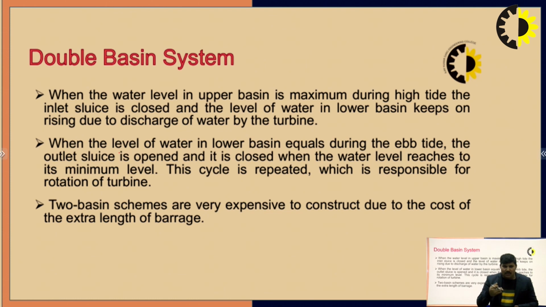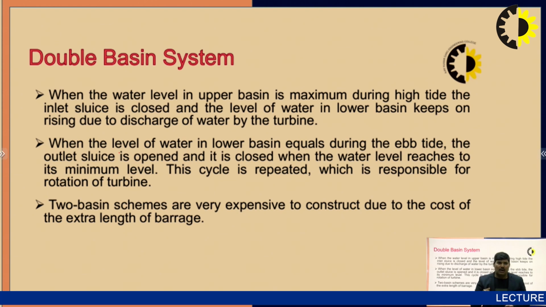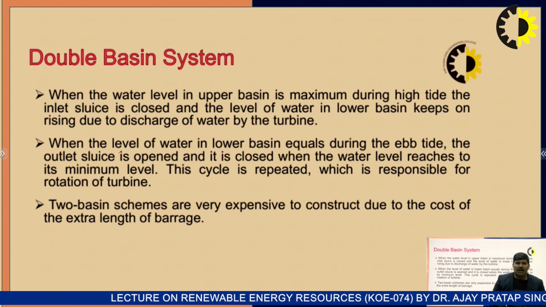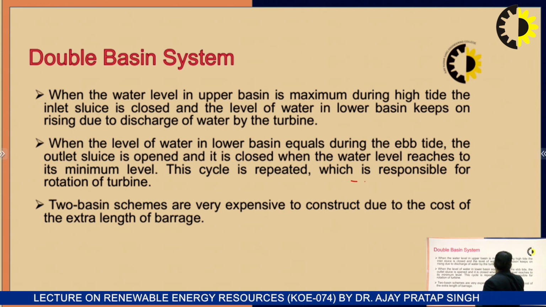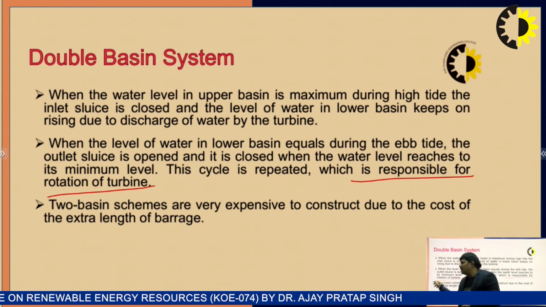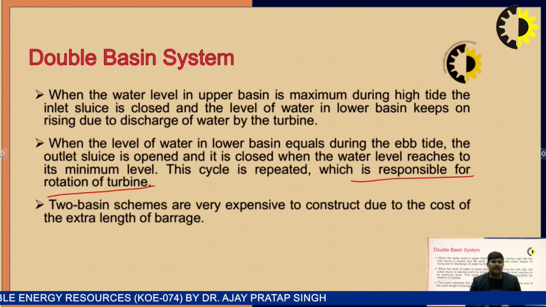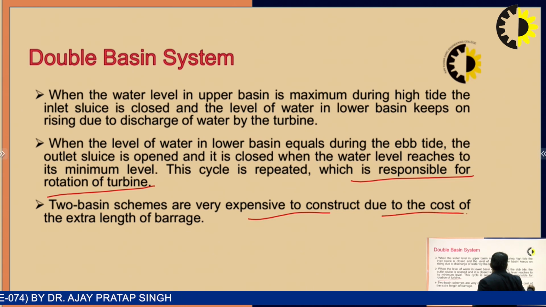When the water level in the lower basin becomes equal during the ebb tide, the outlet sluice is opened, and it is closed when the water level reaches the minimum level. So the cycle is repeated, which is responsible for the rotation of this turbine. These are repetitions of the cycle, and the two basin system is very expensive to construct due to the cost of the extra length of the barrage.